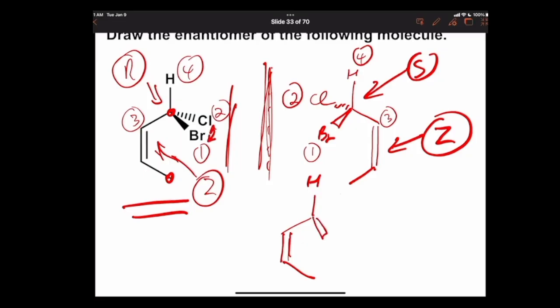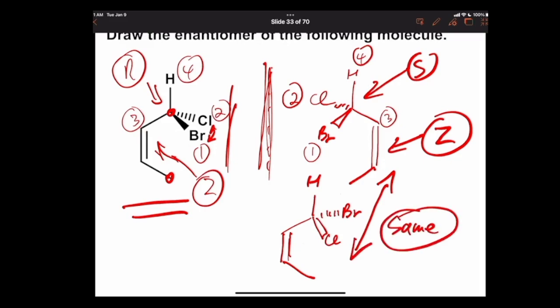So to the front here is my chlorine, to the back is my bromine. These two are the same, just different orientations. If you choose to leave the carbons in place and only invert the two centers, or if you choose to do left and right, the mirror, like what we just worked through for our other problem, they will both be those same enantiomers.